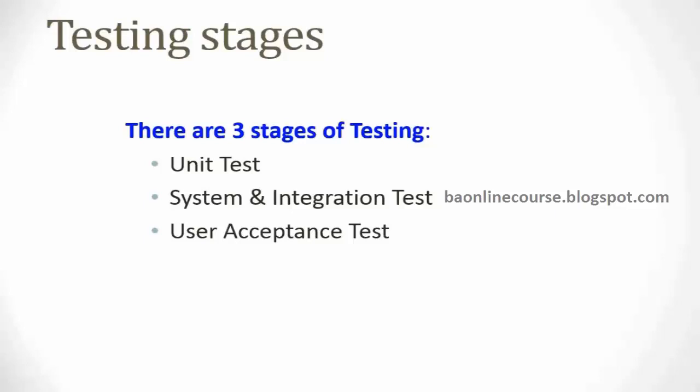Then you would integrate all those various programs or modules, and make sure that everything is working correctly. So the integrations between those various programs or modules, we call it integration testing, and testing that complete end-to-end functionality would be your system testing. So overall, we combine both of them and call it system and integration testing.